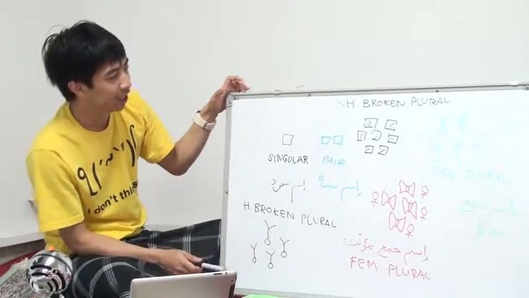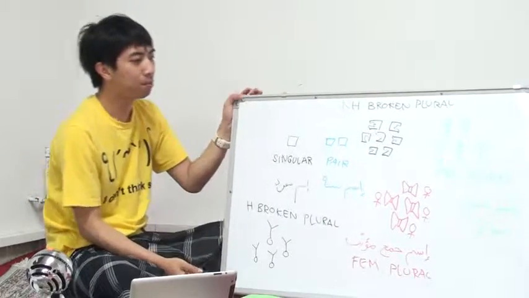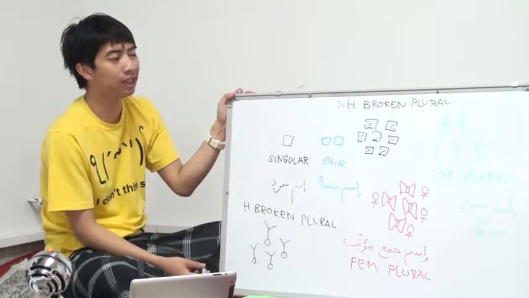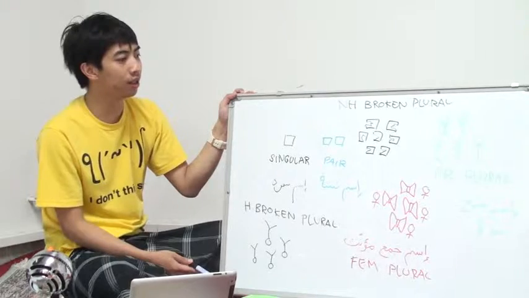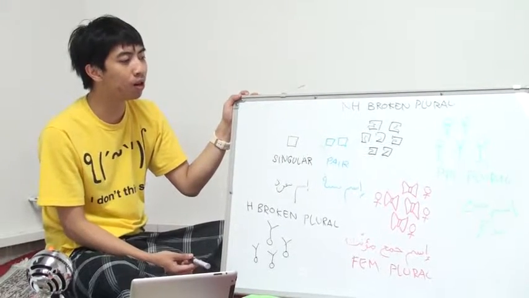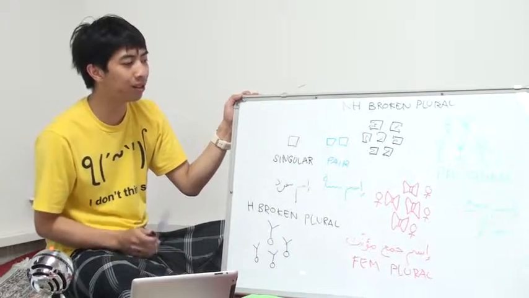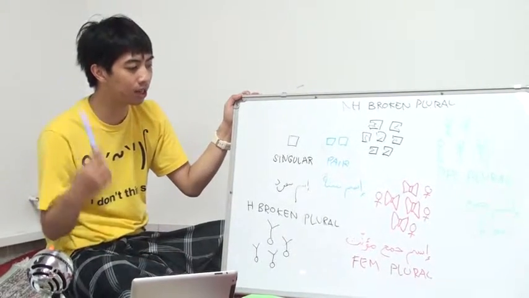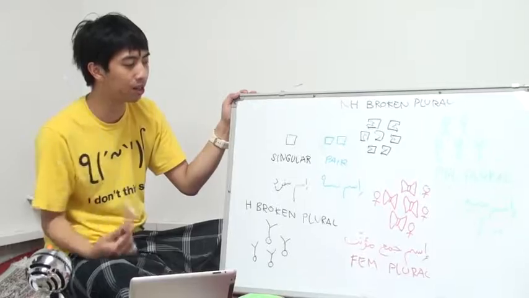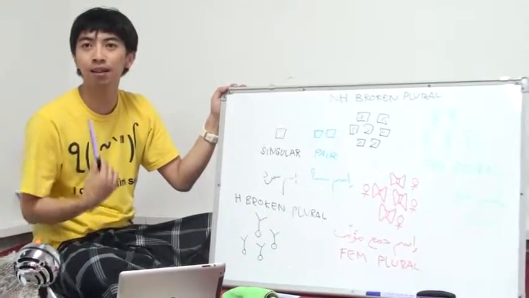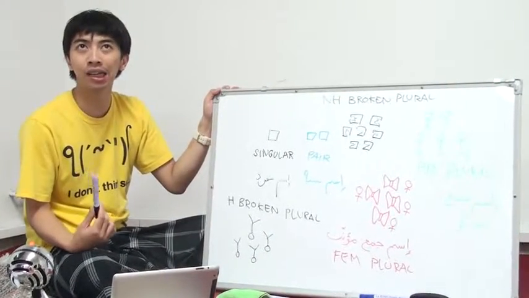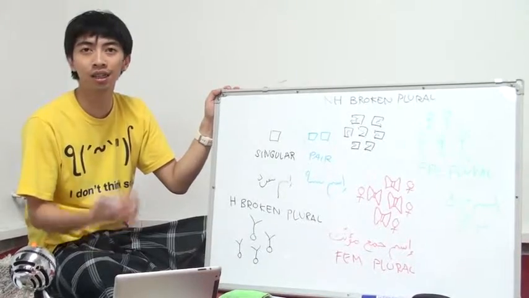Okay. So again, maybe for us, it's easier to tell whether it's people plural, whether it's a feminine plural or pair, whether it's an ism jamak mudzakkar salim, jamak muannath salim, or ism tathniya from the ending combination. It's a lot easier.